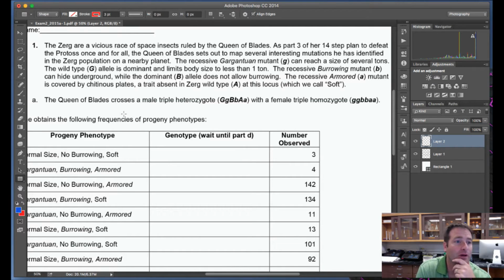So I'm just going to switch over to a brush that can let me write on this, and we'll get going.